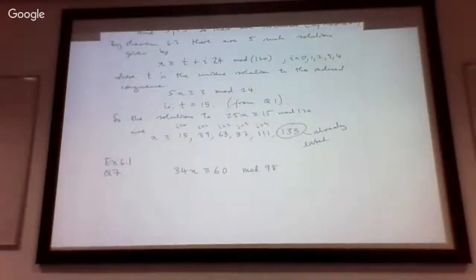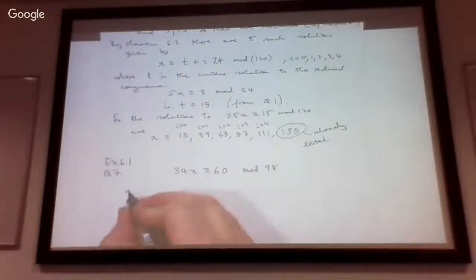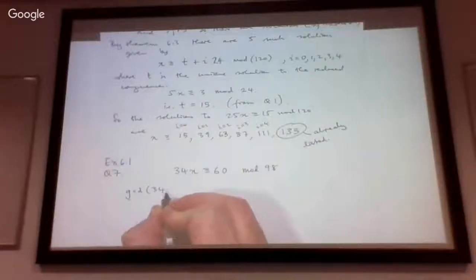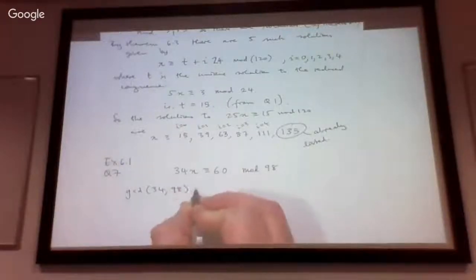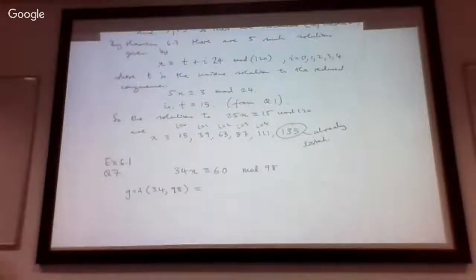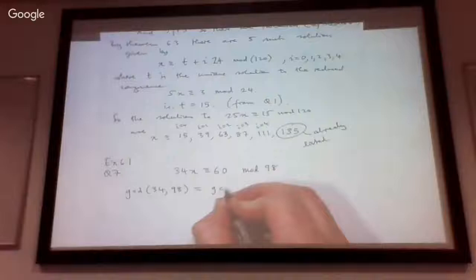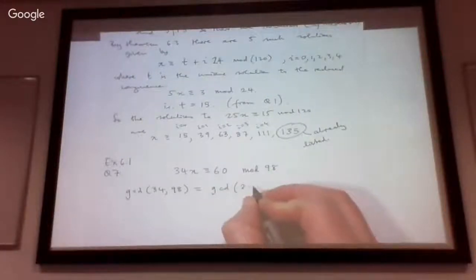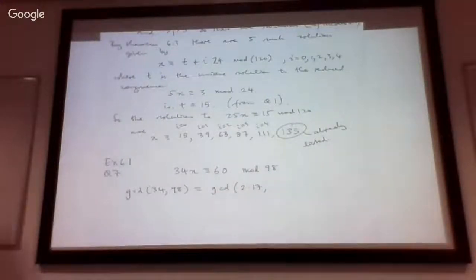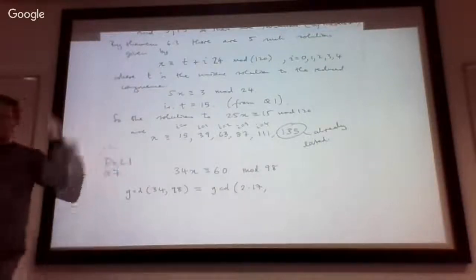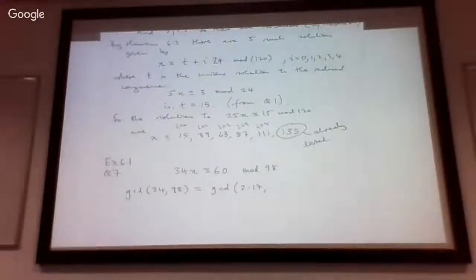So for this one, our initial question is, are there solutions? We assess that by working out the GCD. We could launch into the Euclidean algorithm, or, since the numbers are relatively small, we might look instead at prime factorizations. 34 is 2 times 17. 98 is 2 times 49, which is 2 times 7 squared.